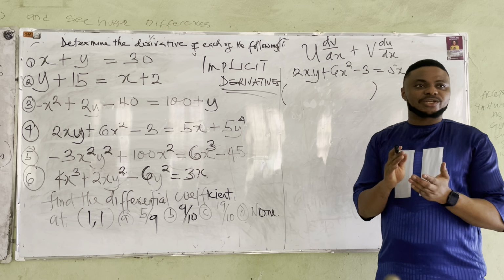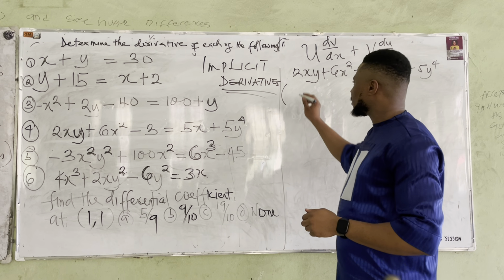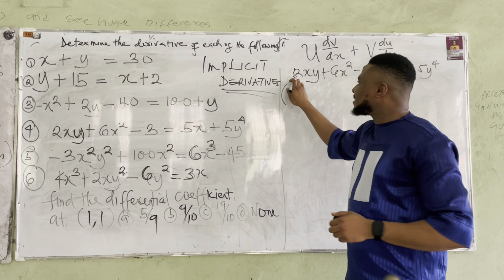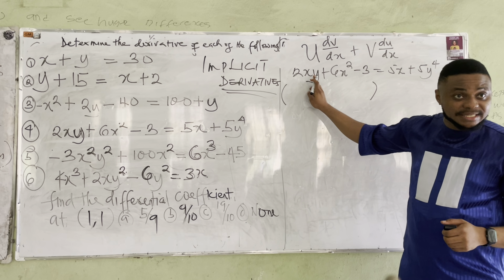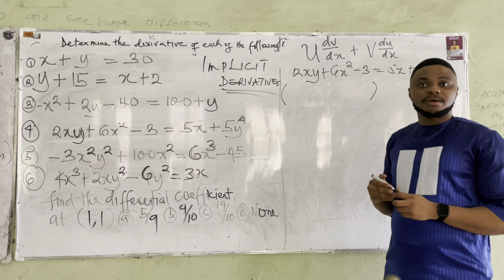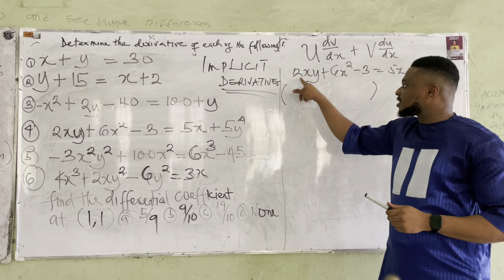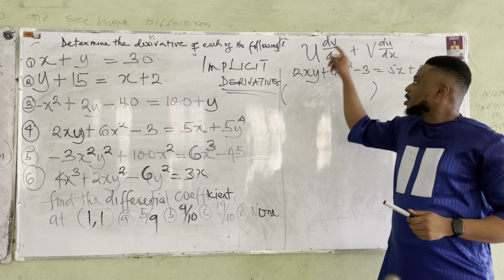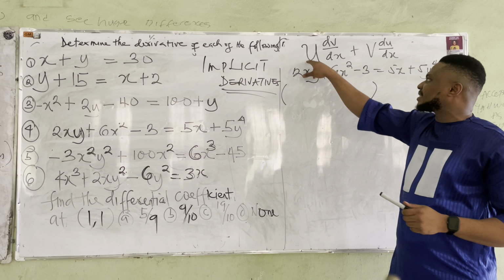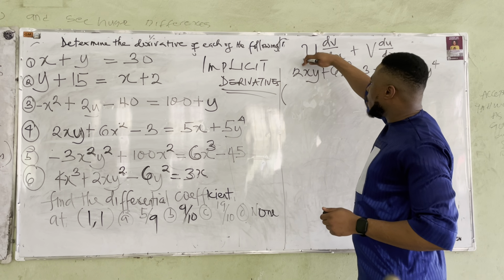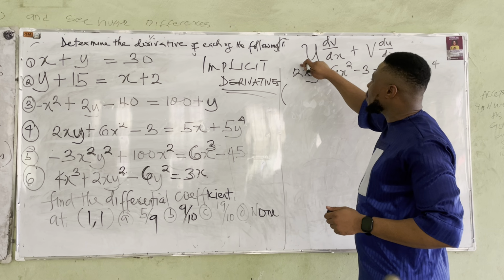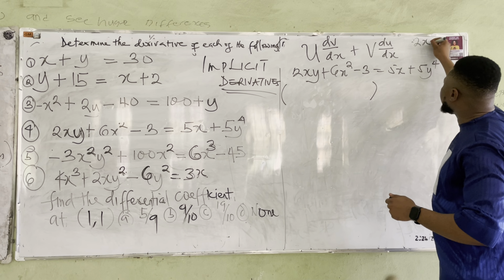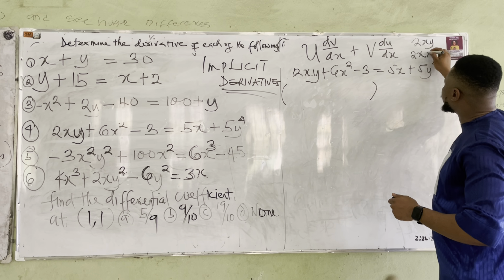Why do I say keep the x constant? See what I mean? This 2 is affecting what? Only x. Are you hearing me? This 2 you're seeing here is affecting just what? x. The product rule states that, look at your 2x. This 2xy you're seeing here means 2x times y.